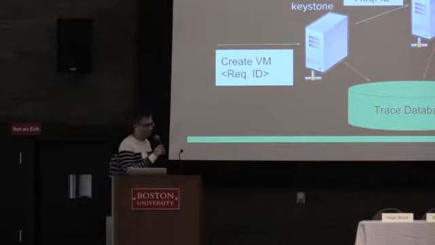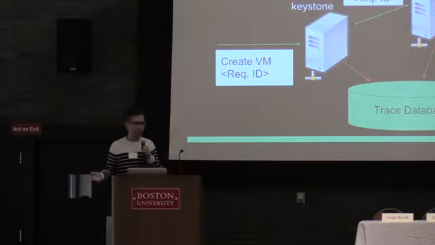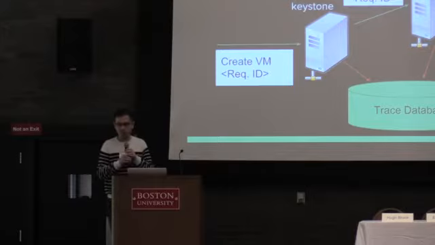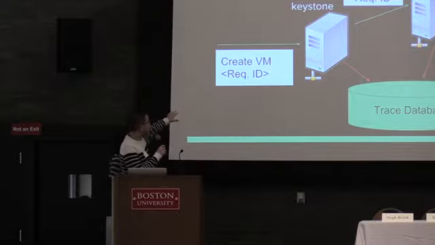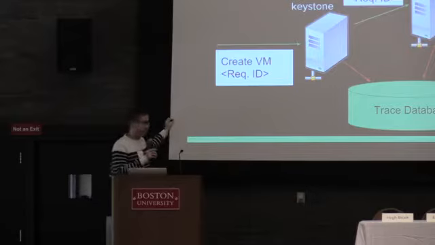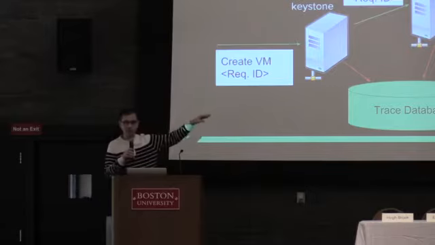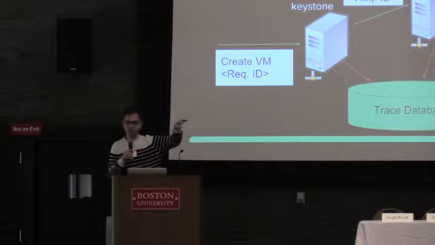Another key enabling technology for us is end-to-end tracing. End-to-end tracing is currently being used in most distributed systems, and it can be added to the ones that don't use it. How end-to-end tracing works is for each request to a system, we generate a unique request ID, and then we propagate this request ID alongside each of the commands that are sent to the different components.